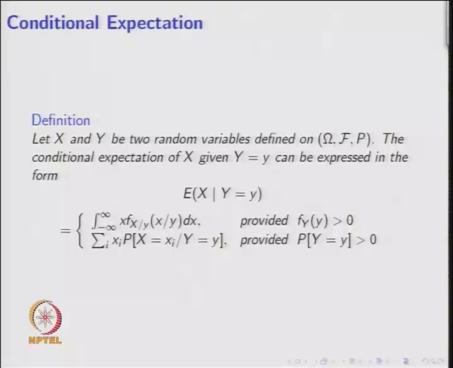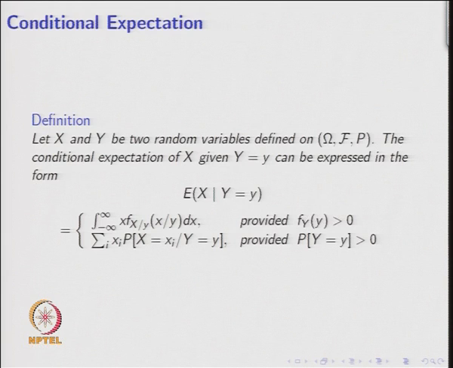Let X and Y be two random variables defined on the probability space (Omega, F, P). The conditional expectation of the random variable X given that the random variable Y takes a value small y can be expressed in the form: expectation of X given Y equal to small y.